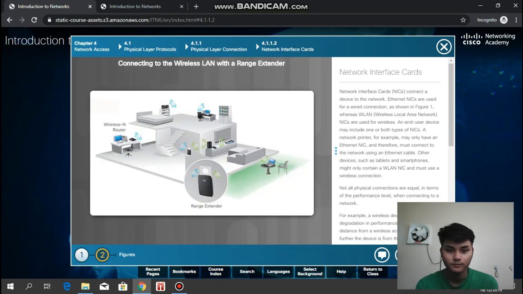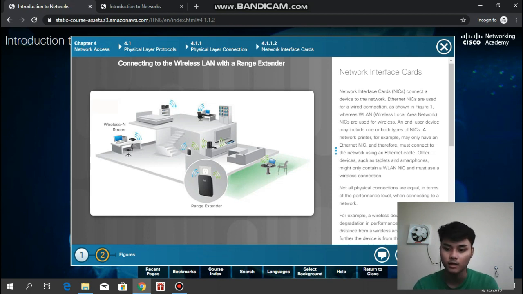Figure 2 is an example of a wireless LAN with a range extender. As you can see in this figure, it uses a wireless router, and the end devices are the wireless laptop and wireless smartphone. They can connect to the wireless router.